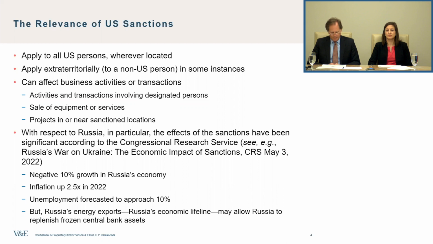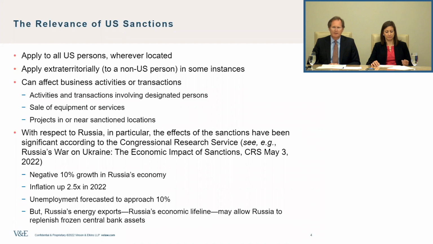Now, when we look at Russia in particular, virtually every type of sanction that the U.S. government has developed over the years has been put in place in some form or another against Russia, or leaders of Russia, or large companies in Russia.